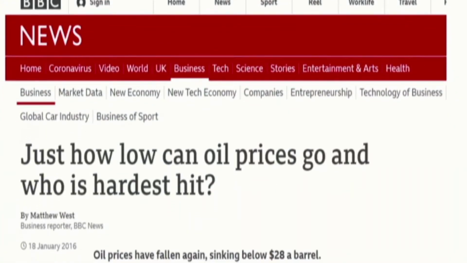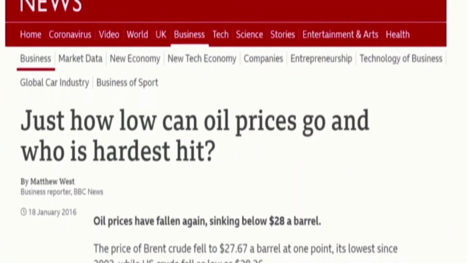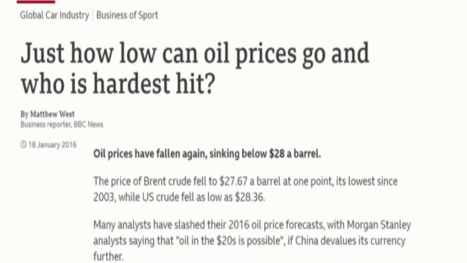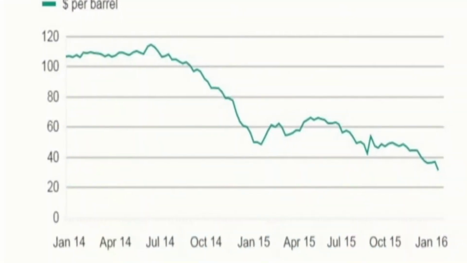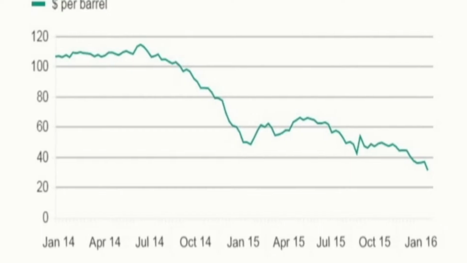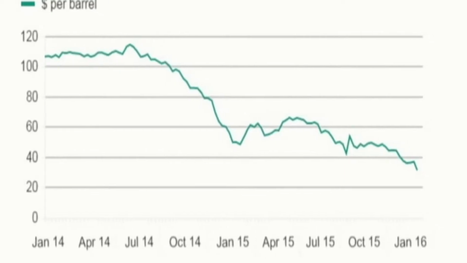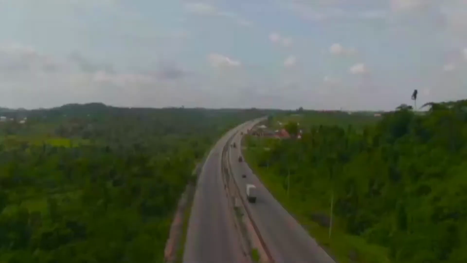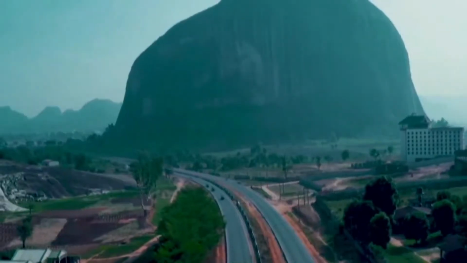Recall that when this administration came into office, the price of crude oil, which provides for 80% of Nigeria's budgetary revenues and 95% of foreign exchange earning, dropped drastically, thus reducing the amount of resources available to the federal government. In spite of this, the administration has continued apace with massive infrastructure developments.